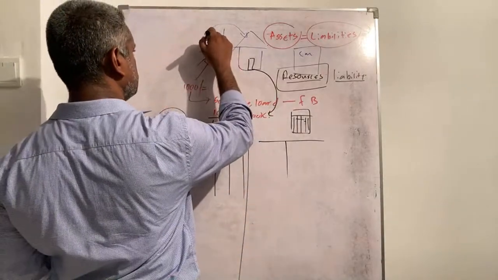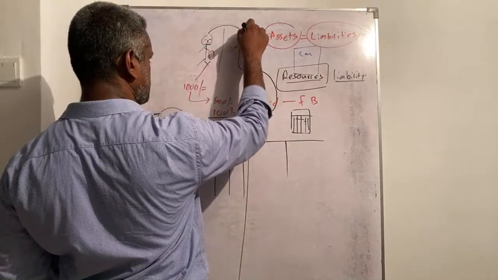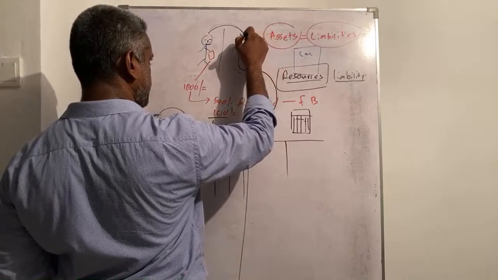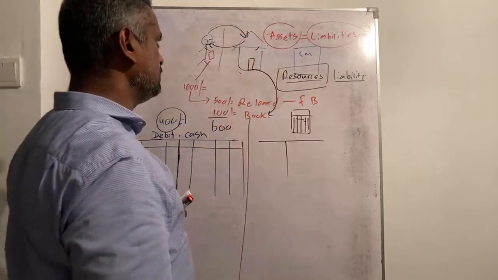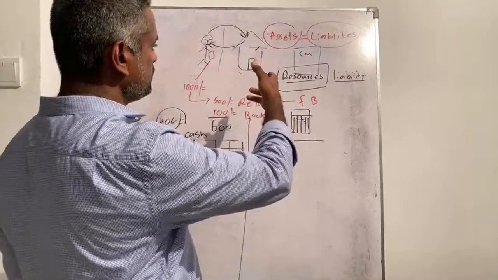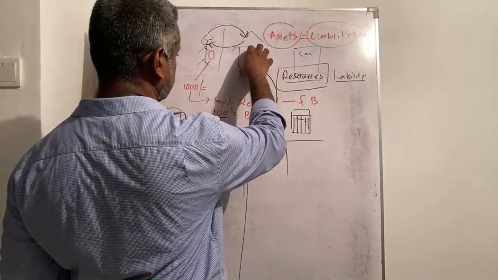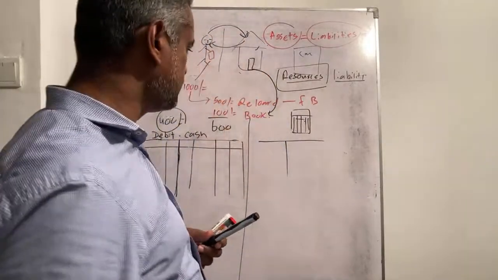The person who is the owner of the business is putting some resources into the business. The business has a liability to pay back the resources received from the owner. The entity has that obligation to return those resources.